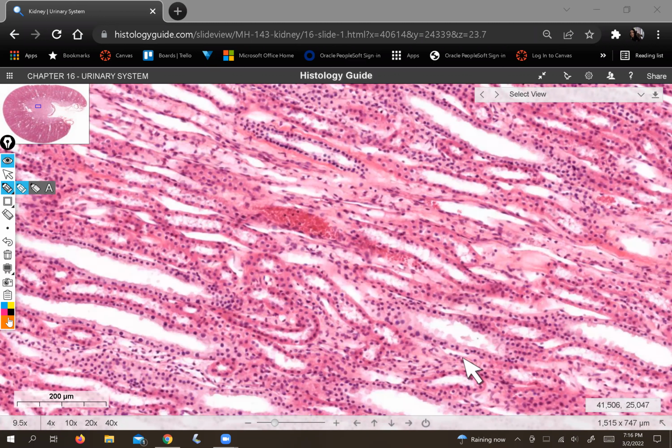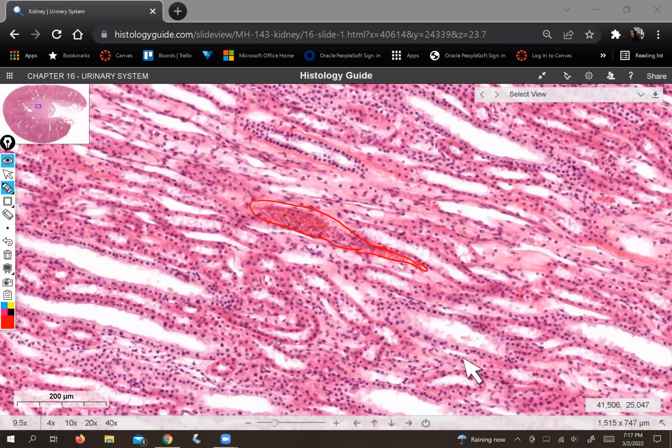So here's a really good vasa recta situation. Which is pretty cool. And then if you just kind of scan, you can see other stuff as well, like, oh, here's a turnaround point. That's neat.